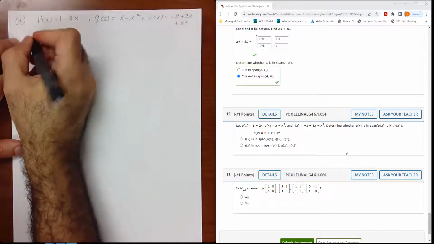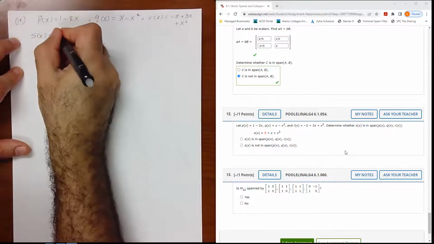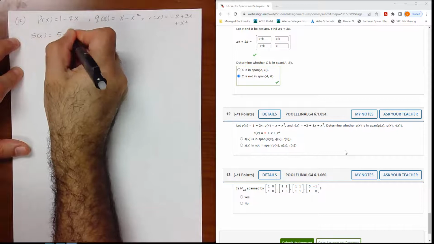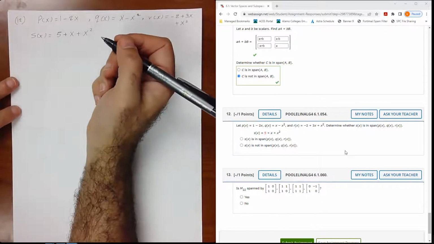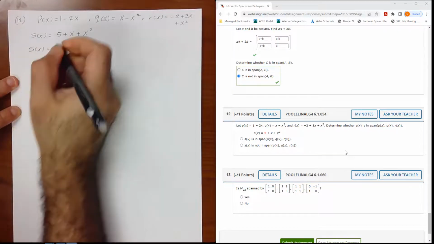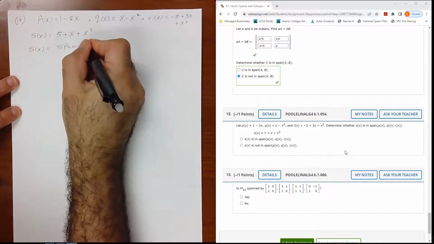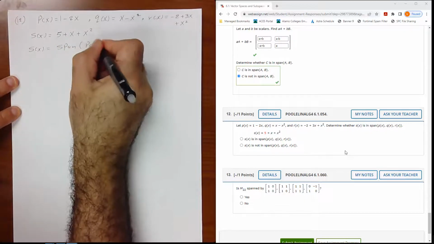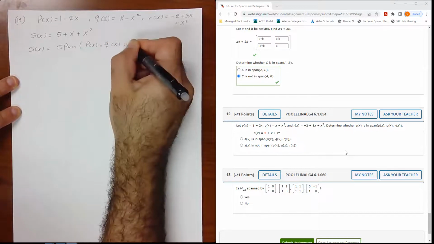Then S of x is 5 + x squared. Now we need to prove that S of x is in the span of P of x, Q of x, and R of x.